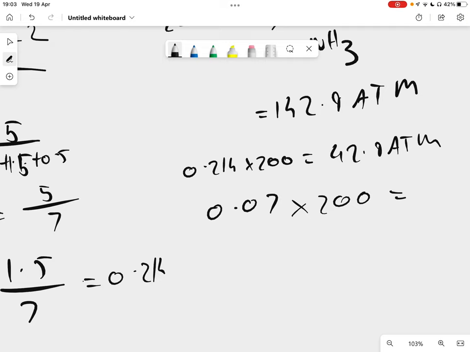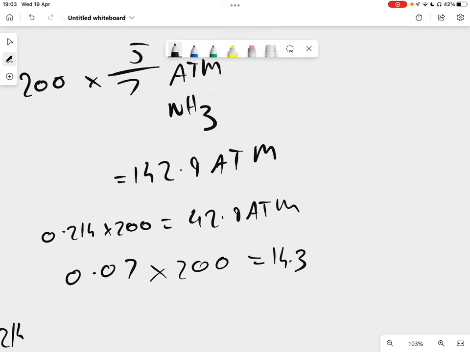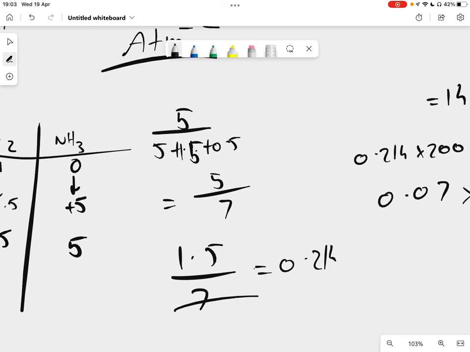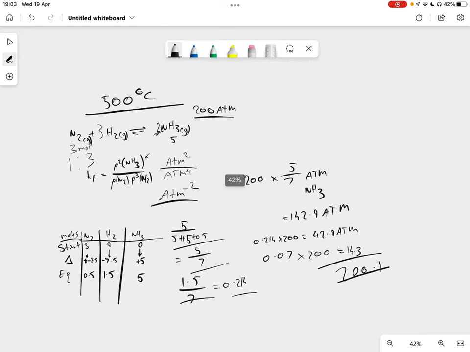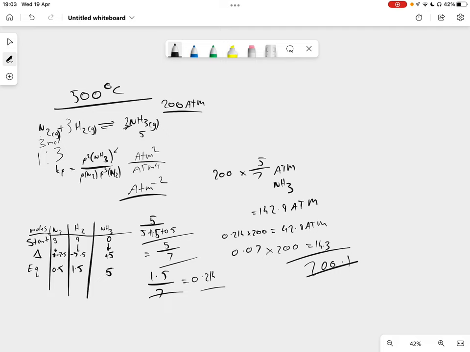And we get 100 over 7, or 14.3 atmospheres. Now these should add up to be the total. I've rounded, so I'm not quite sure if it's going to go in nicely. It's close. If you add all of them together, you get 200.1. Now that's probably just a rounding error, but that's proving that when we work out the mole fractions, all these must add to 1.